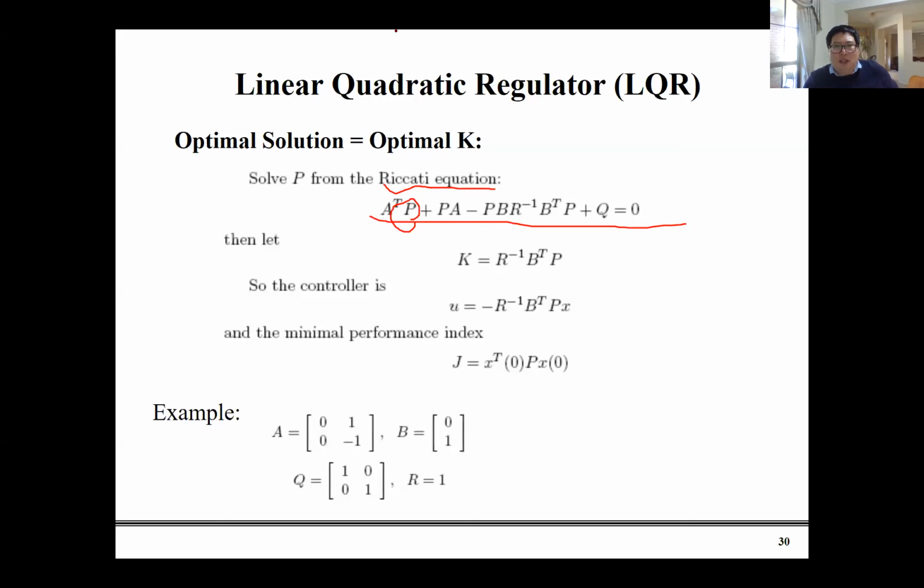So we first use the Riccati equation to calculate P, and from P we can calculate K, right? And from K we can calculate u, and we can also calculate the minimum performance index as well. So that is how to solve the linear quadratic optimal control problem.